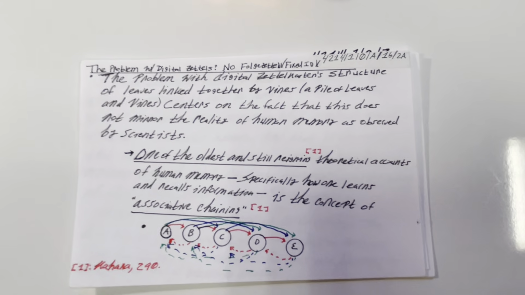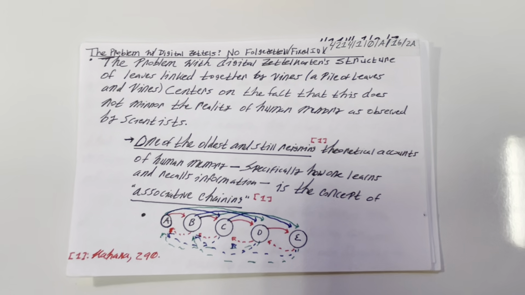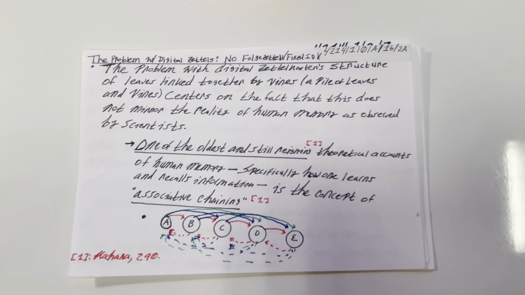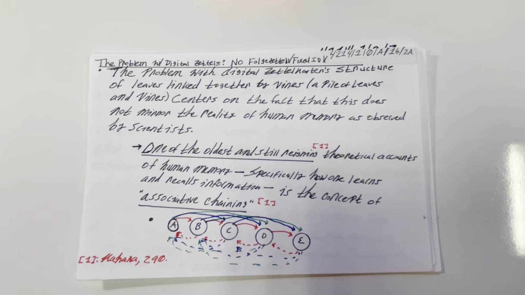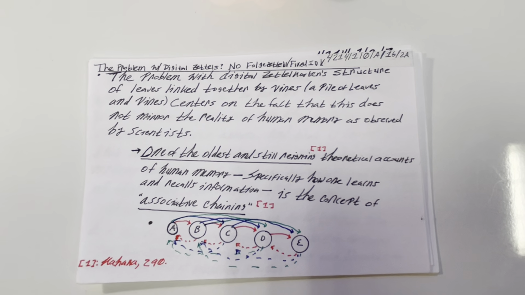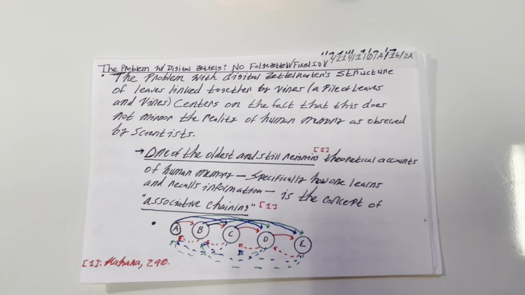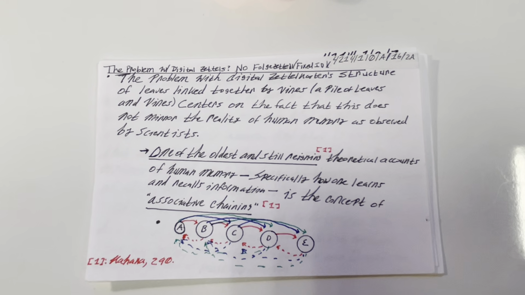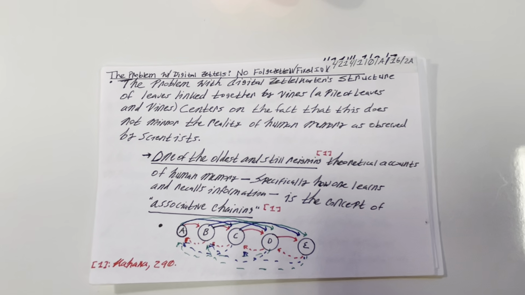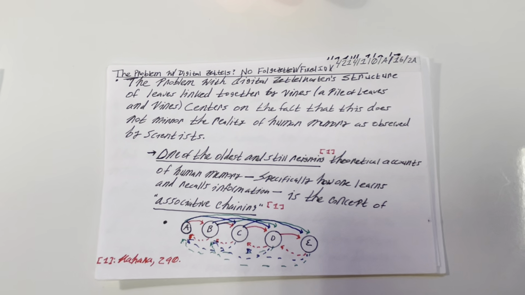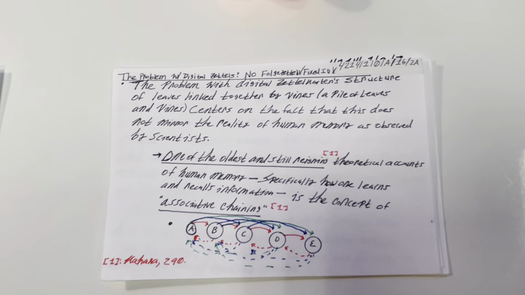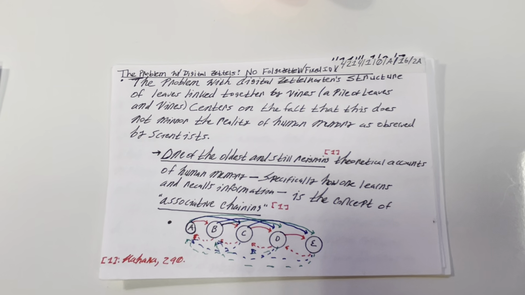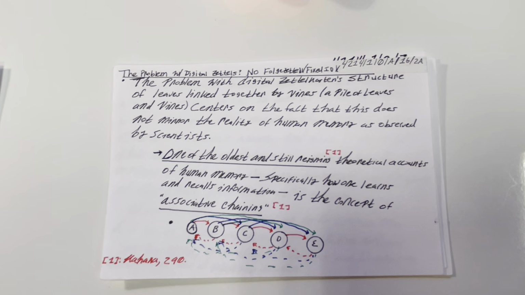I say, the problem with digital Zettelkasten structures of leaves linked together by vines. So what I'm making a point on is that instead of it actually being a tree, with linked leaves and stems of thought that come one after another, a digital Zettelkasten is just like a pile of leaves with a bunch of vines that link together various leaves and disparate parts and completely remote areas.